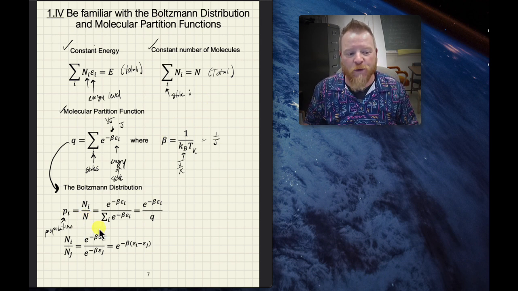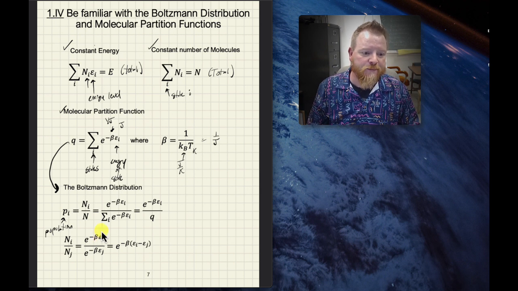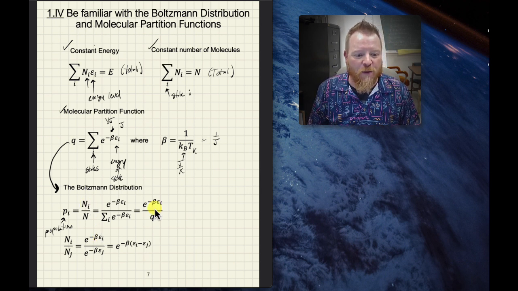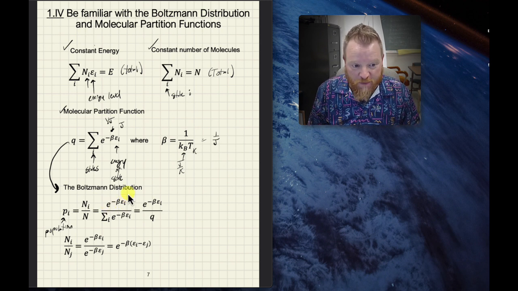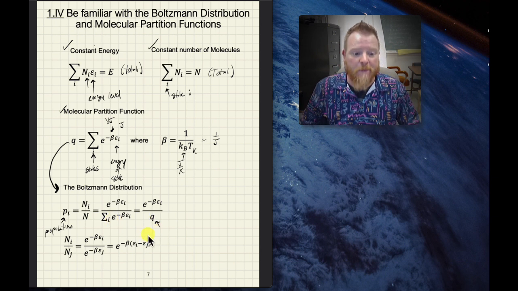N_i over N gives us the fractional population of that state. And you can see that is equal to e raised to the negative beta times the energy of that individual state, divided by the sum. Well, recall the sum is just that partition function.